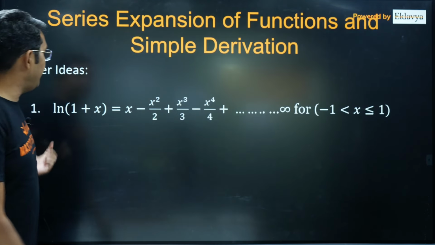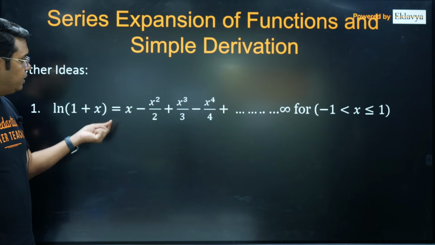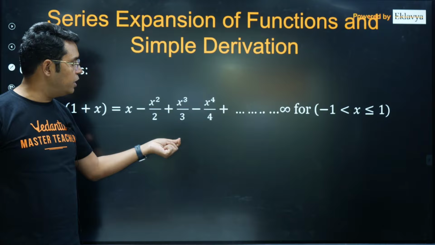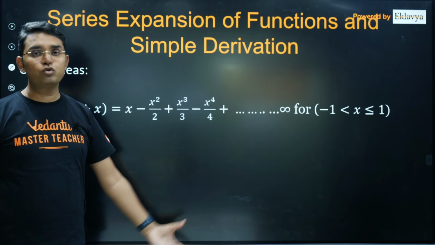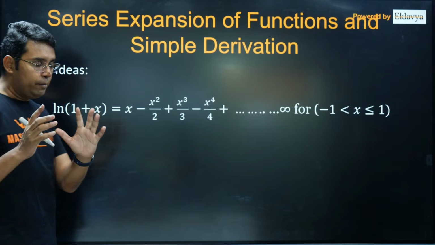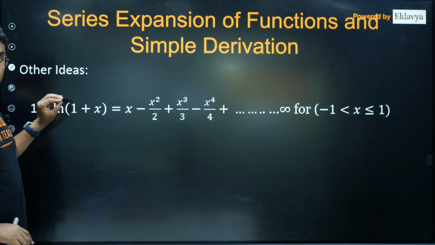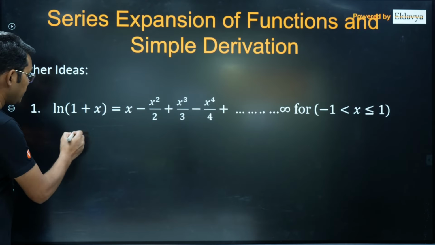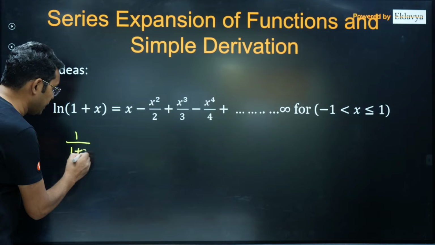Now the first one is ln(1 plus x). I think some of you must be knowing it already: x minus x square upon 2 plus x cube upon 3 minus x power 4 upon 4 and so on. Now how can this be derived? Please listen carefully. I will be thinking of the differentiation of log. The differentiation of this is 1 upon 1 plus x.